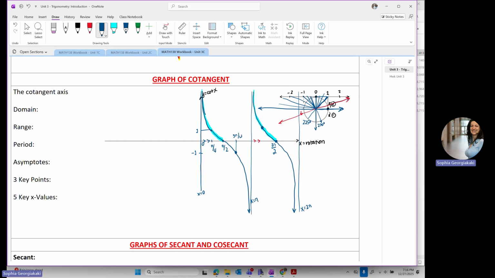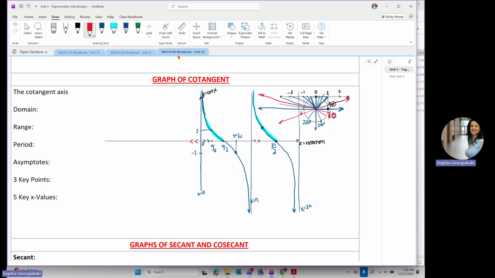Now, if I start and I do negative rotations, so let's go red with negative rotations, then I will be going in this direction. I have an asymptote when x was 0, but as soon as I hit some negative rotation, I can extend in the backwards direction. I will end up with a negative cotangent.